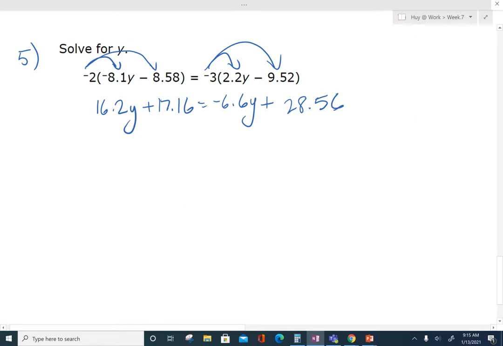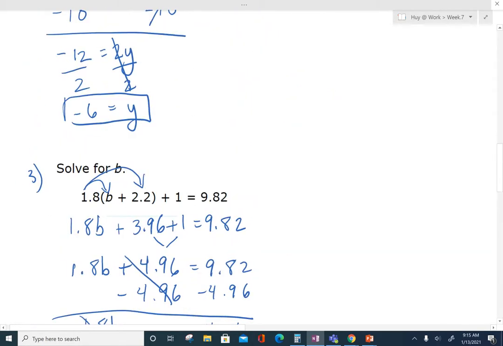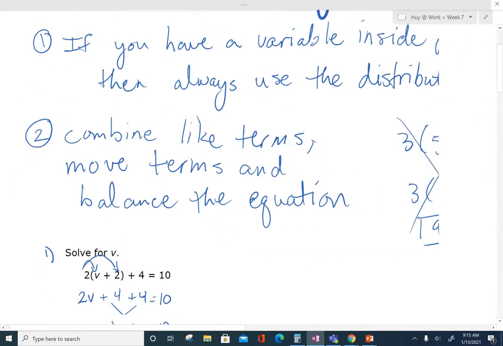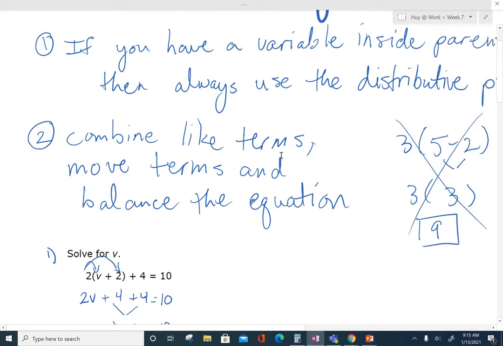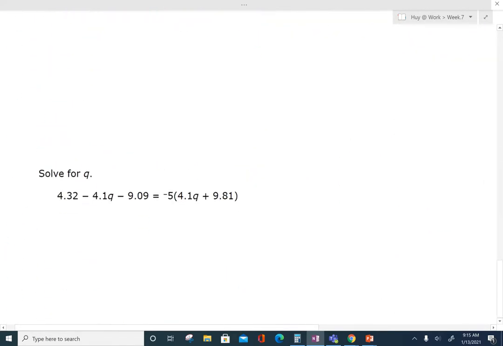All right, so on this one, we're not combining like terms or anything. Well, we kind of are. Like at step 2, I wrote combine like terms or move terms and balance the equation. This time, we're gonna have to start moving the terms and balancing the equation.